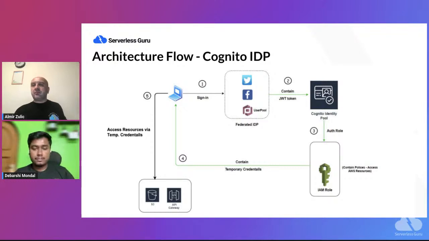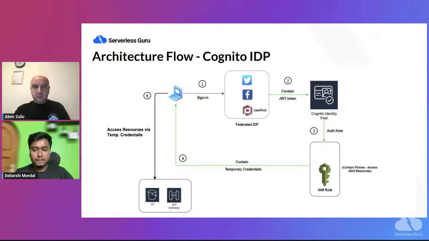So in point 2, Cognito Identity Pool will verify that this JWT came from these social providers or federated IDPs. If it verifies that the JWT is correct and has not expired, it comes down to point 3, the auth role.